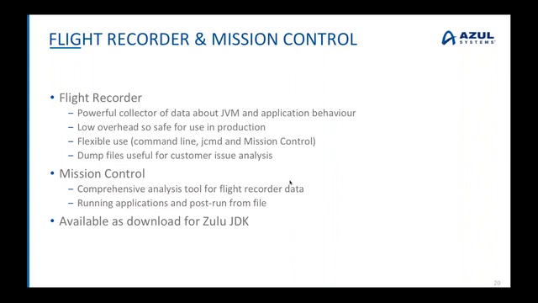You can dump a recording of how your application is working on your machine and what it's doing, and then you can send it to your ISV and say, here's the data. They can use Mission Control, they can look at it, analyze what's going on, and identify if there's something that needs to be done differently in terms of configuration to solve any performance problems in that way.